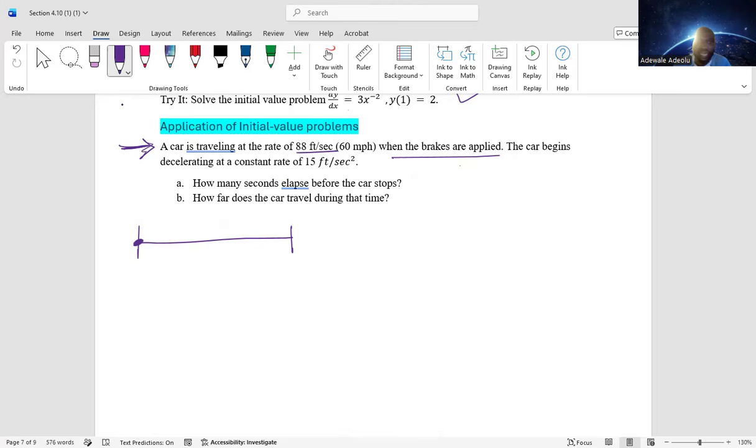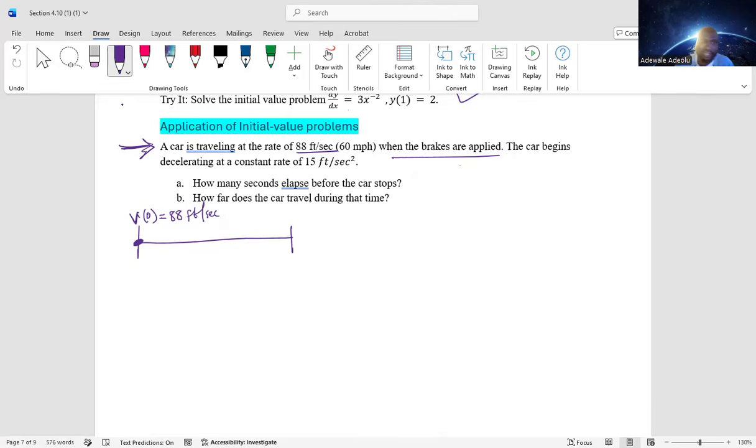But remember, I will call the time 0 because that is when I start measuring, when I apply brake. So that is when my time starts counting, right? Now, at that point, the velocity is 88 feet per second.